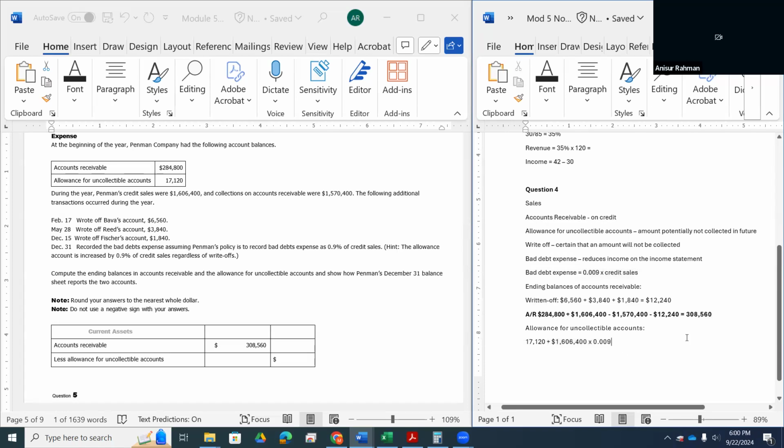And when a company actually writes off, it reduces the balance of the uncollectible accounts and also reduces the accounts receivable. In the case of accounts receivable, we already reduced by the amount written off. We need to reduce the allowance for uncollectible accounts by the amount written off, which is 12,240.